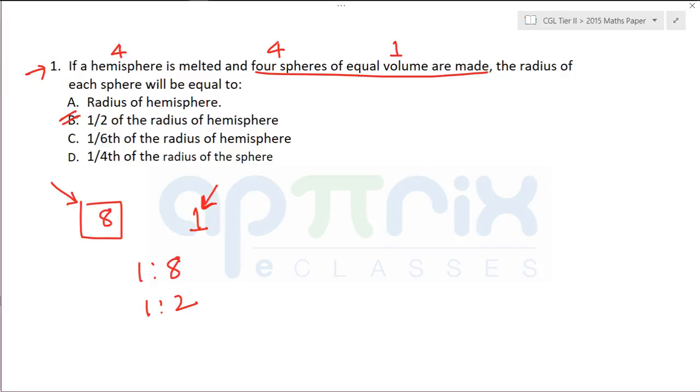If the hemisphere has volume equal to 4, the corresponding sphere with the same radius will have a volume equal to 8. So for 2 spheres, I know the volume ratio is simply the radius cube ratio. That's why I'm converting this into a sphere, and I'm writing this in this ratio, that the ratio will be 1:2. Hope it is clear.